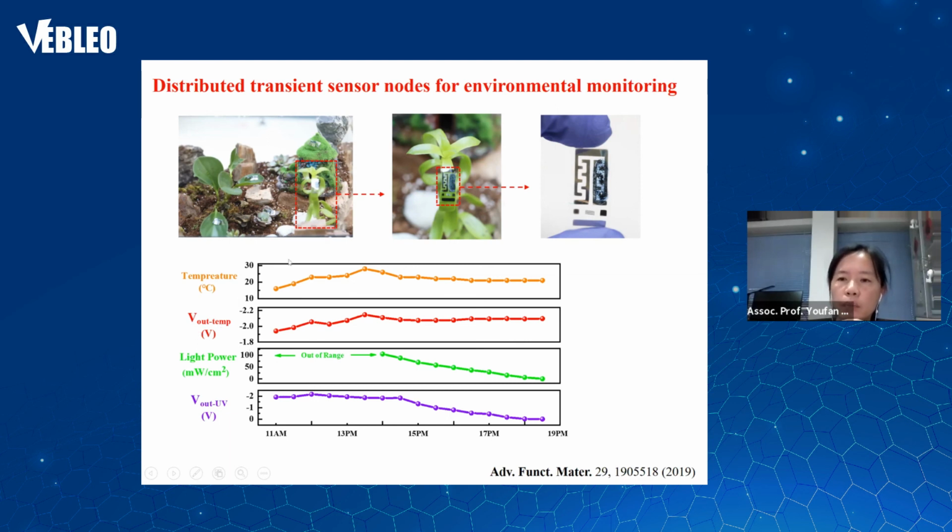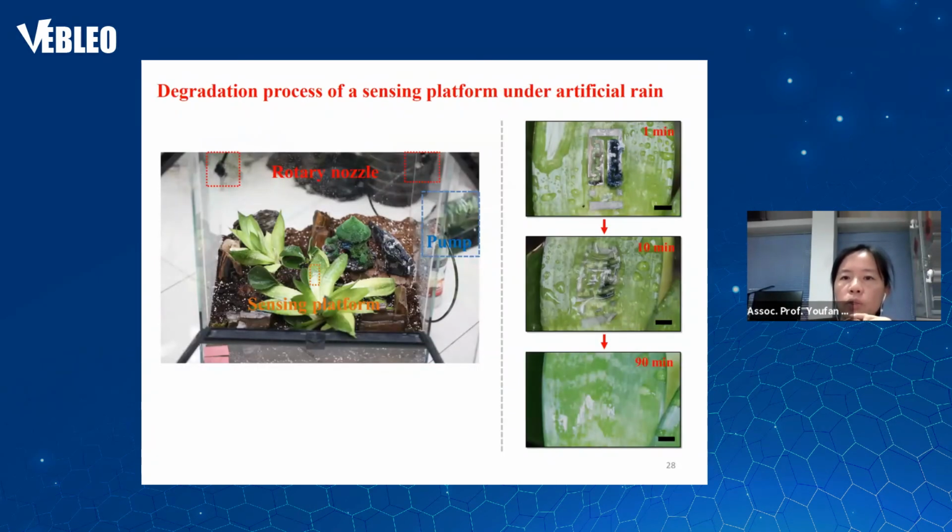We can get its temperature information, we can get its light power, and after the monitoring, we introduce our artificial rain, and we see that this transient sensor node can be degraded in 90 minutes.